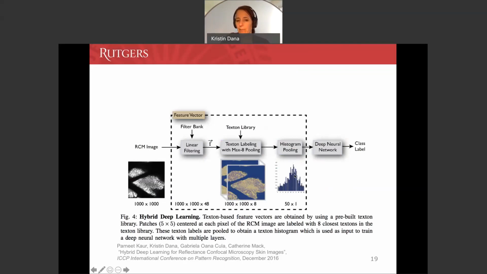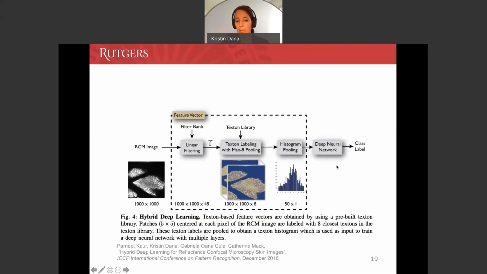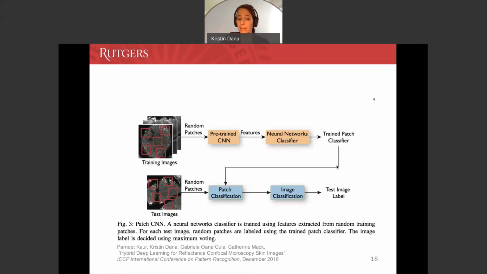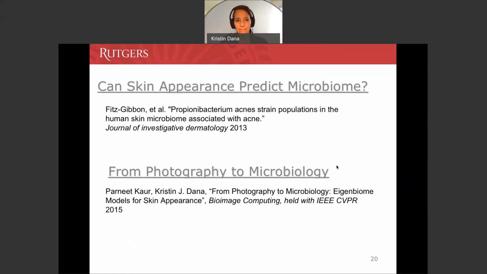So in this sense, we're doing the deep neural network, but only on this 50 × 1 histogram to get a class label. And it turns out that this works a little bit better than the patch CNN. So these methods are described in our paper. And again, the takeaway is the ability to obtain skin thickness using an RCM stack.